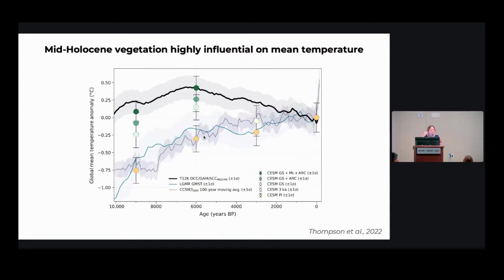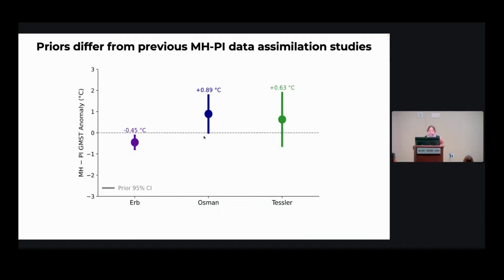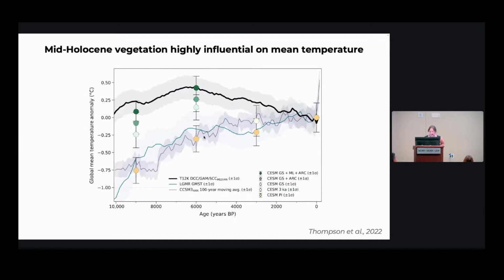So one of the things we see can be super influential in our prior state, especially for the mid-Holocene, is the kind of vegetation we prescribe in the mid-Holocene. So we can look at this study from Thompson et al. in 2022. And if you look here, you can see this dot here at the mid-Holocene 6,000 years ago is global mean surface temperature. This is all an anomaly to the pre-industrial when we use pre-industrial vegetation in a mid-Holocene simulation.